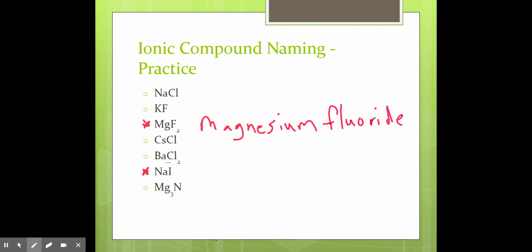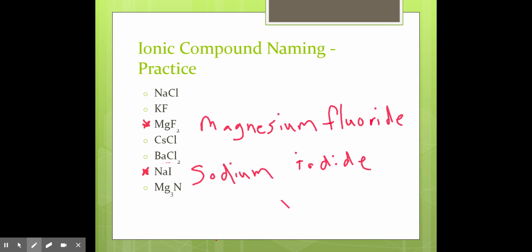So it becomes magnesium fluoride. On your periodic table, let's find Na. You should locate it as sodium. I is iodine. We're going to drop the "ine" and replace it with "ide." So it becomes iodide.